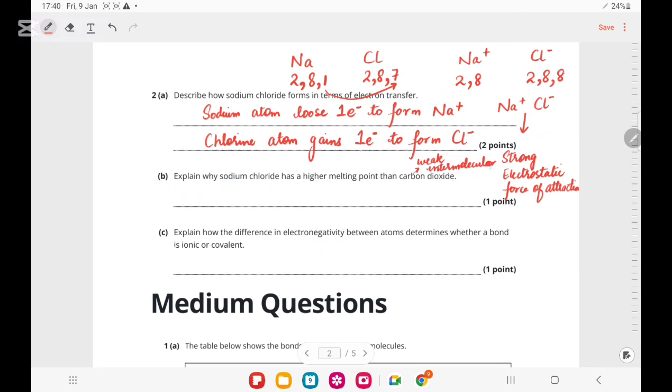One carbon dioxide molecule and another carbon dioxide molecule are going to have weak intermolecular force of attraction.